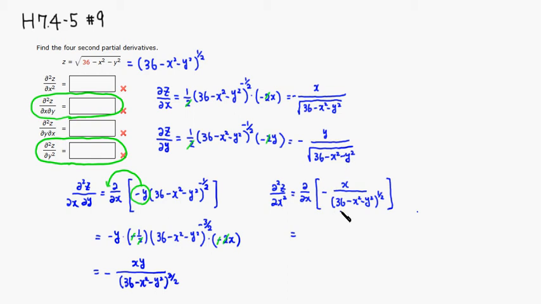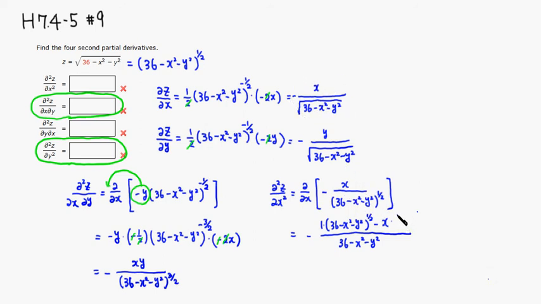Alright, so what you're going to get is, there's a negative sign here, put that there. Square the bottom, so that's easy: 36 minus x squared minus y squared. Take the derivative of the top, which is 1, times the bottom, 36 minus x squared minus y squared raised to the 1/2 power, minus the top, x, times the derivative of the bottom, which actually shows up right here, but I'm going to go ahead and do it.